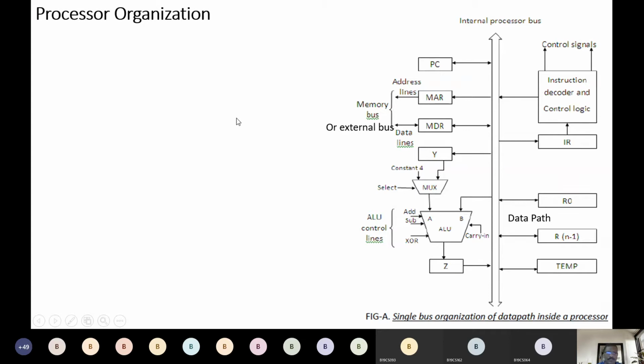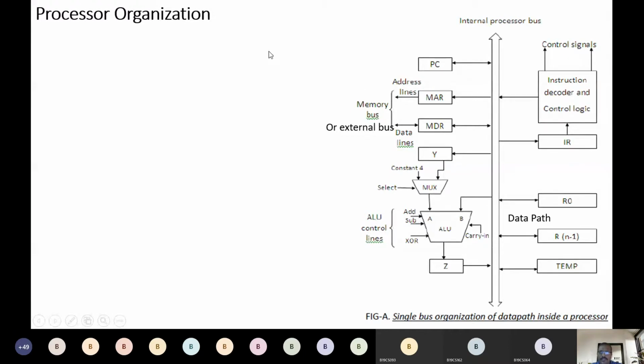Okay, right. The same explanation is given here. And one more thing: this is the internal processor bus, and the connections coming from main memory we call the memory bus, or we can say external bus. If we assume main memory here, the connections coming from it we call the memory bus, or external bus.